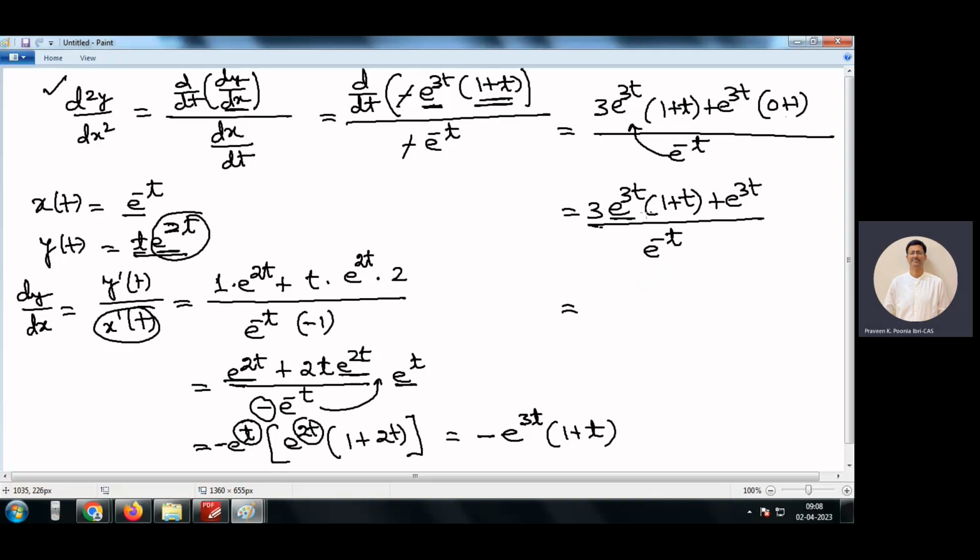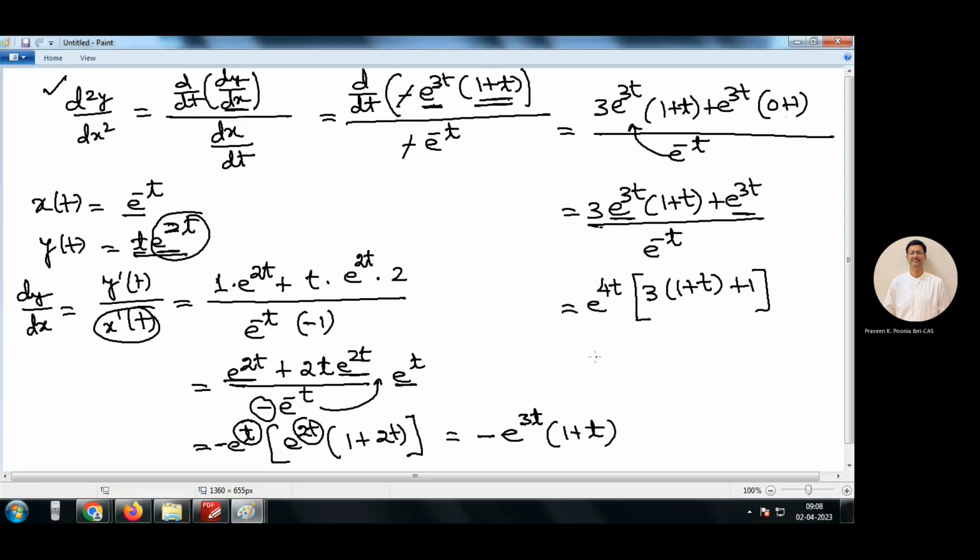Now e to the power 3t is out, and e to the power minus t, so it will be e to the power 4t times 3 times 1 plus t plus 1. So if you simplify, it is e to the power 4t and 3t plus 3 into 1, 3 plus 1, 4.